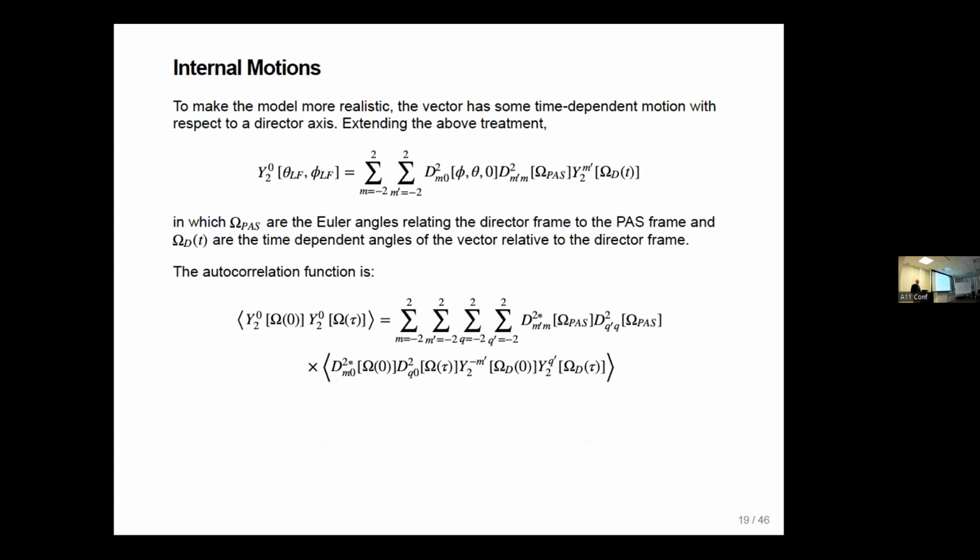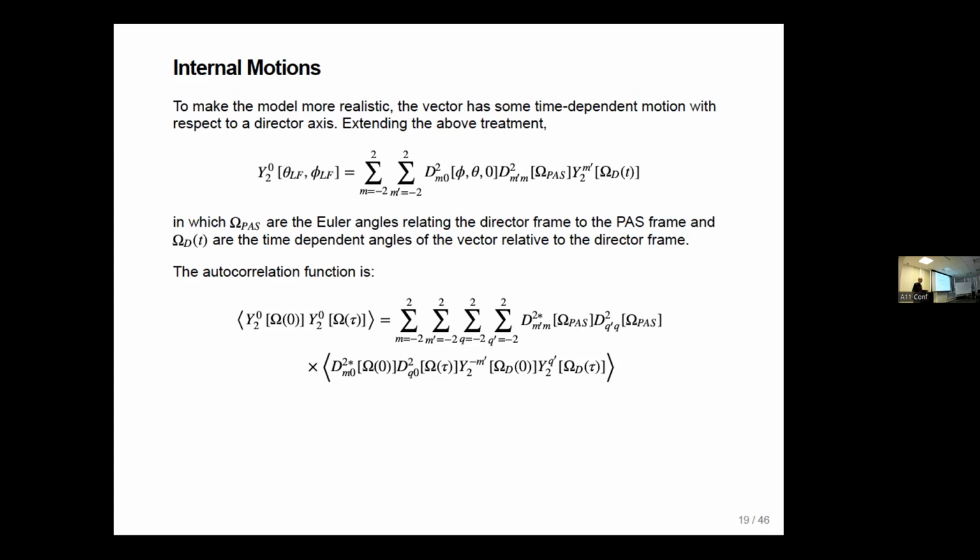And then, of course, we're usually interested in internal motions on top of the overall tumbling. And again, we're interested in the spherical harmonic in the laboratory frame. And just like Ann indicated, if we start in a principal axis frame, we can do a series of frame transformations to get from the principal axis frame, say the bond vector orientation in a molecular frame, to the molecular frame, to the lab frame.